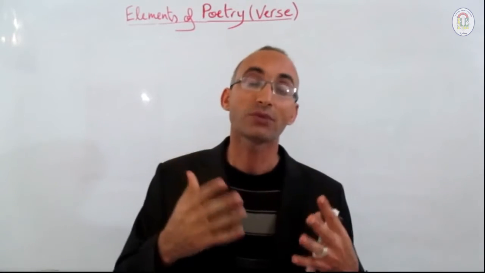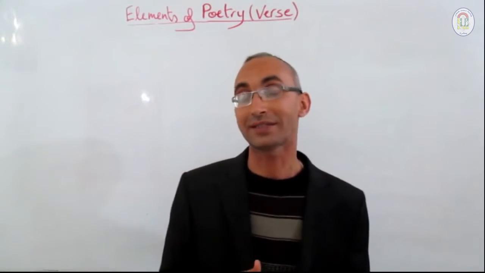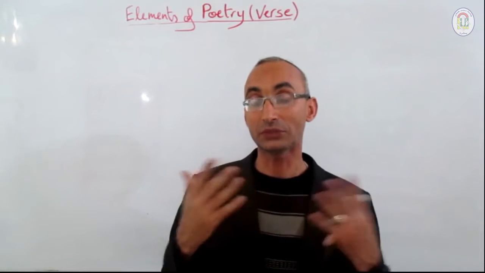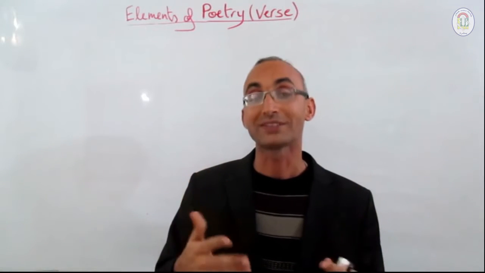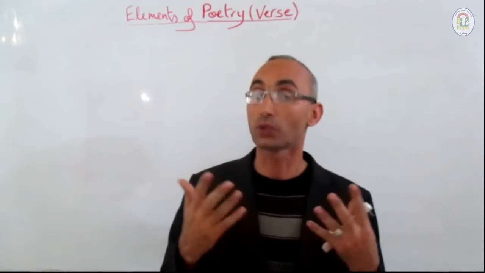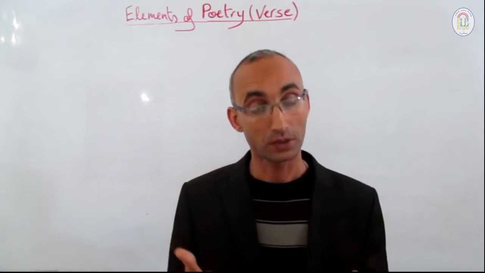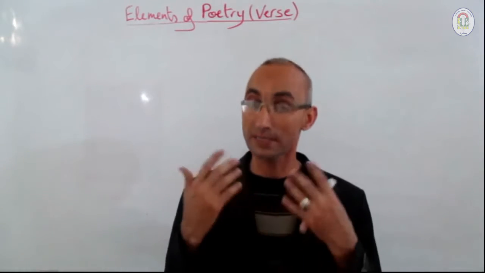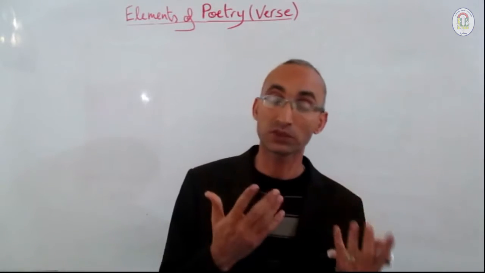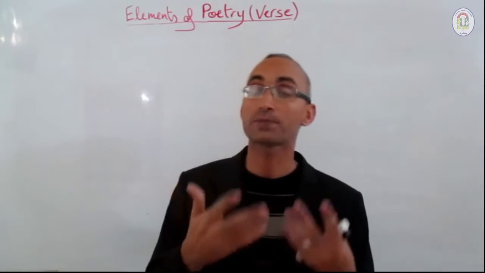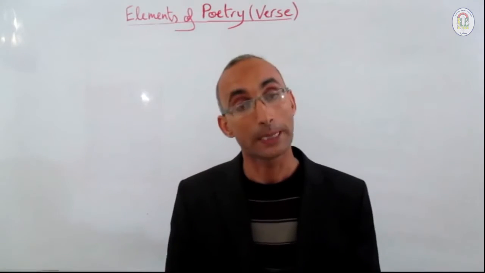Now, we have already mentioned some of these key features, like when we spoke about diction, which is the careful selection of words in poetry, which distinguishes the poetic language from the common language. And also we spoke about what we call precision in poetry.